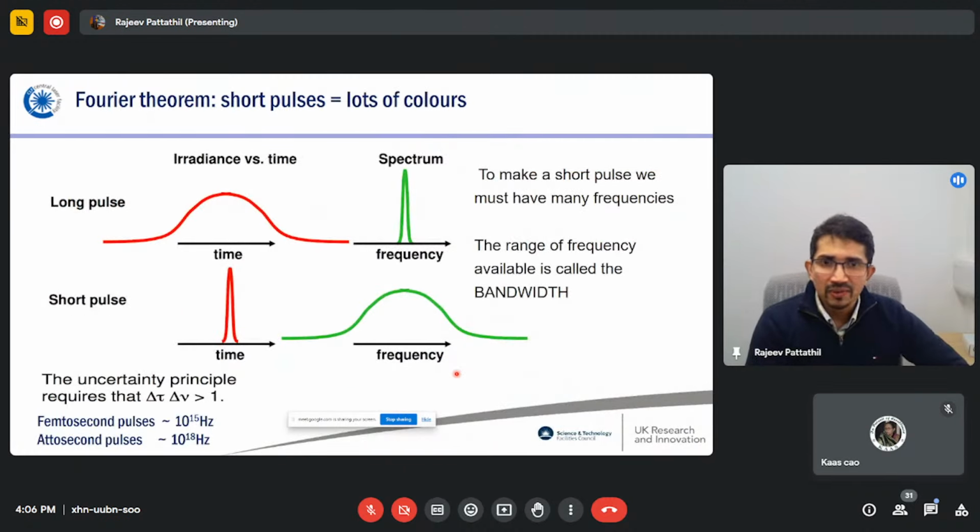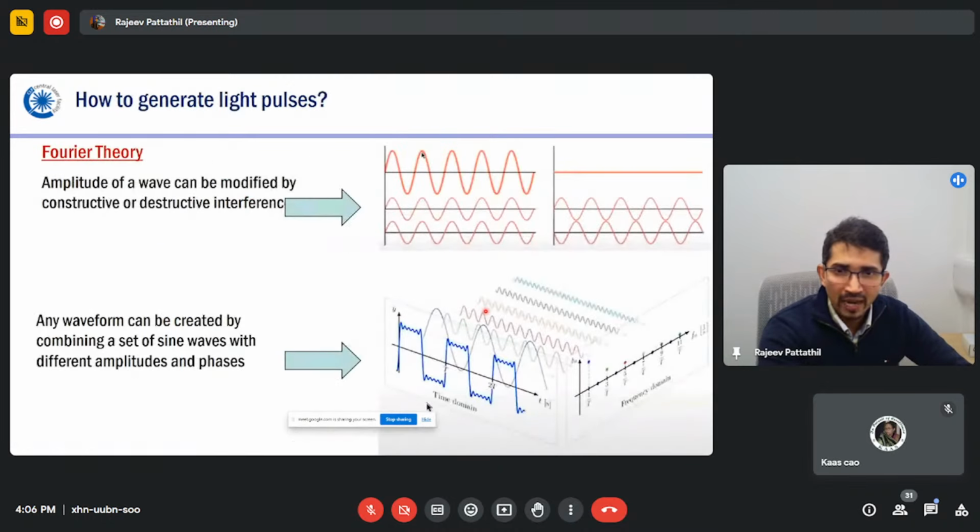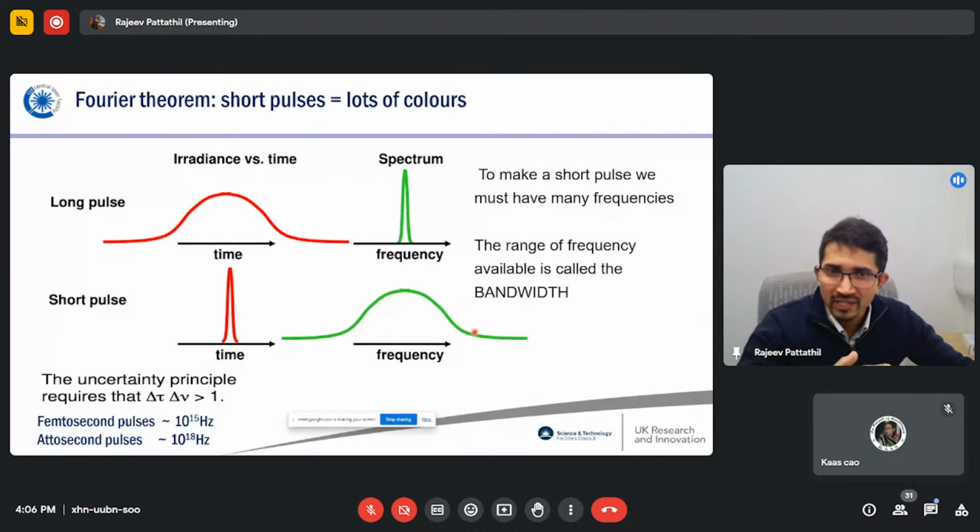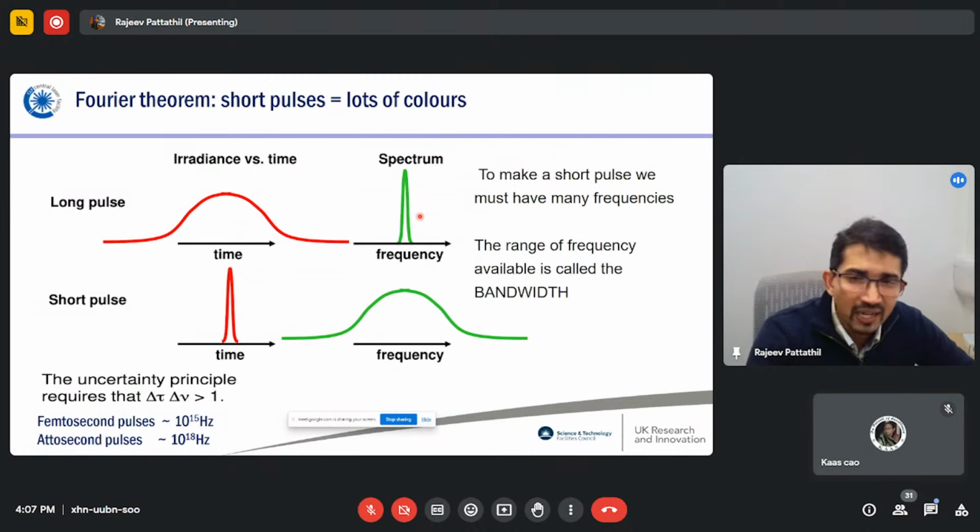If you take one step forward from that concept, you can see that to create a very long pulse, you don't need so many sinusoidal waves. If you look at the spectrum, or the different wavelength components, or the bandwidth that you need, you don't need much to create a long pulse.